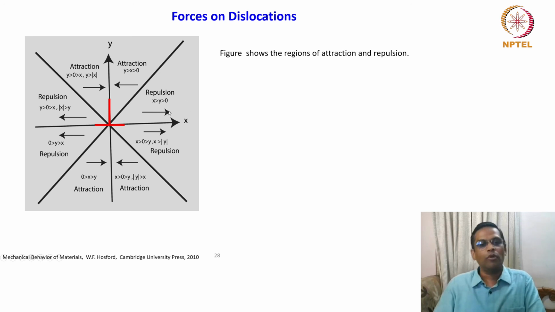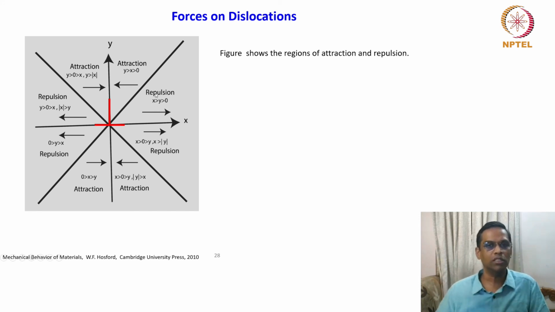Suppose x is greater than y and y is greater than 0, then it is repulsion in this region. But if y is greater than x, greater than 0, then it is an attraction. So within the quadrant, you have 2 scenarios: one is repulsion, another is attraction.